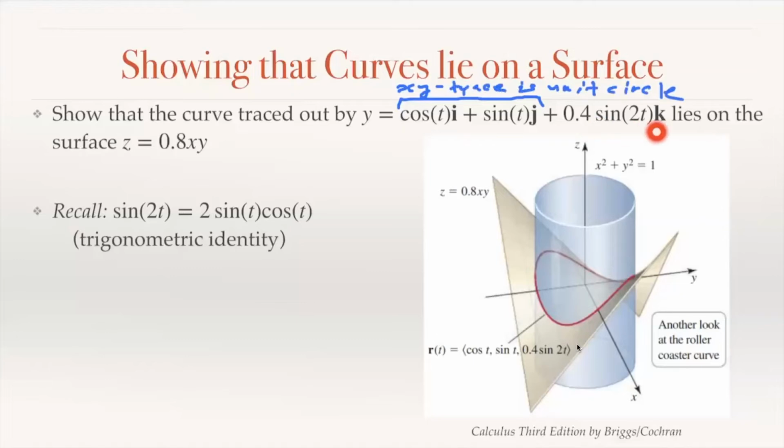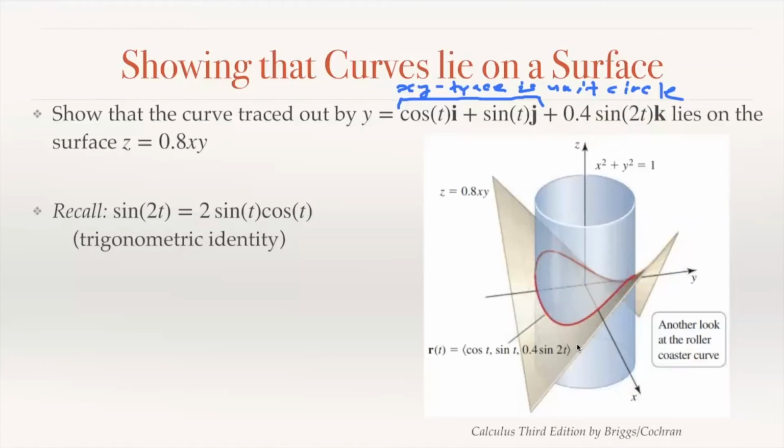And now our z above that unit circle, because of the sine, it'll be bouncing up and down. So when x is 0, sine is 0, so we begin here, then sine increases, and then decreases again, increases again, and decreases again above that unit circle.